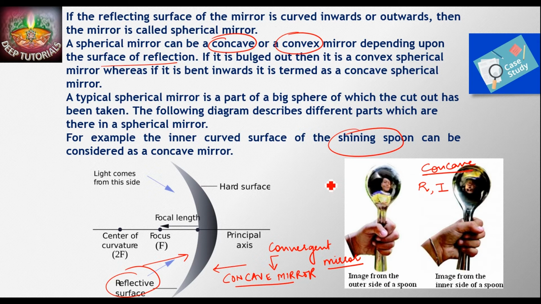Whereas the outer portion of the spoon, which is bulging outside, here you can see that the image is erect. So if the image is erect, it is actually virtual, and this portion of the mirror behaves like a convex mirror. So let's see what different kinds of questions can be framed from this case study.